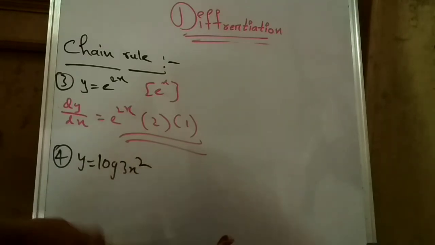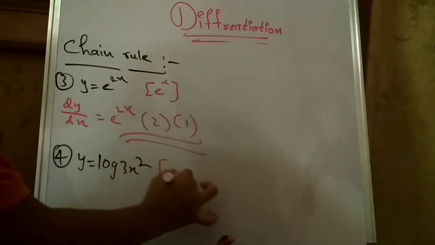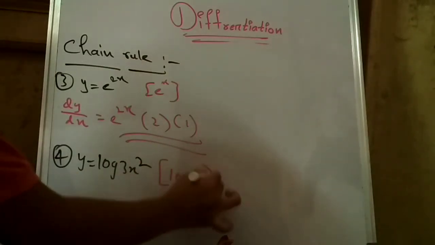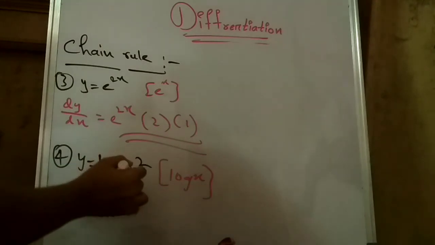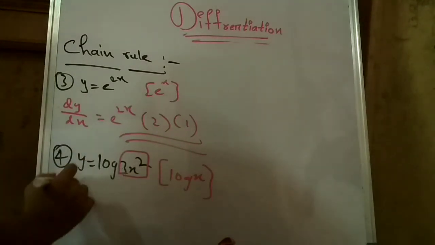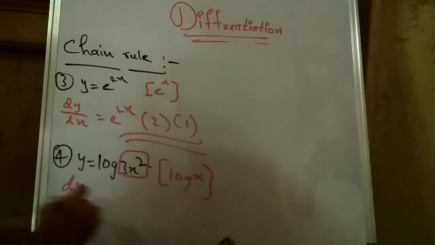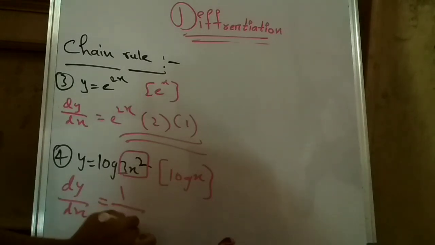But it is 3x square, so we will imagine it as log x. How are we imagining it as log x? It's just imagination. So if it was log x, we are imagining it as x. So log x would be there. So 1 by x we will keep. But this is 3x square, so 1 by x.